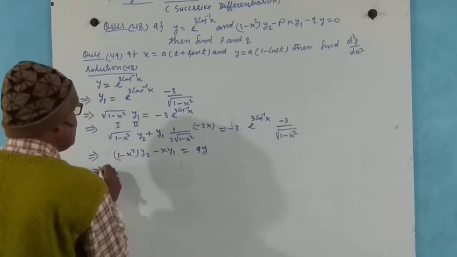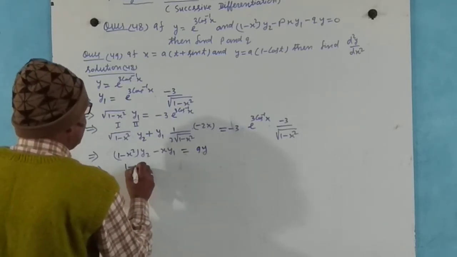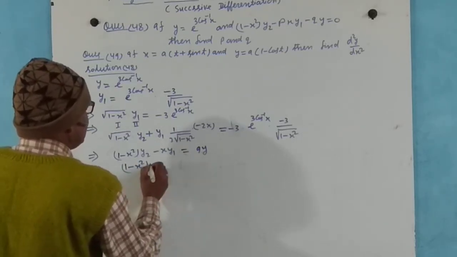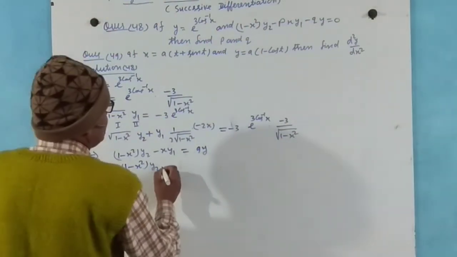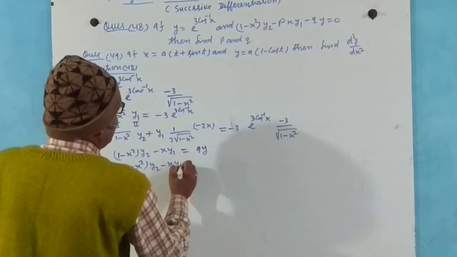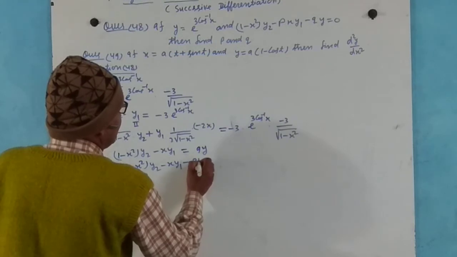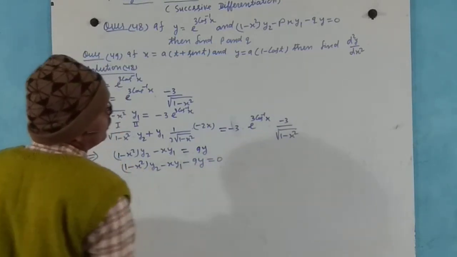Now 1 minus x square y2 minus x y1 minus 9y equal to 0.